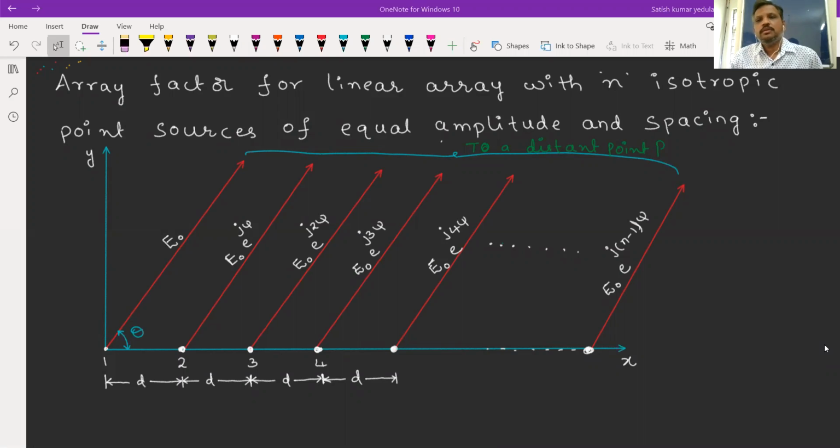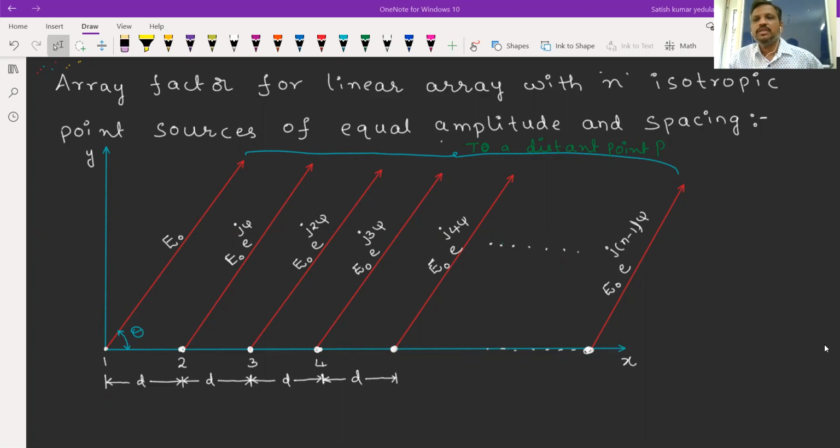I told you already in the last lecture that once we complete the radiation pattern analysis of two-element array, we need to extend it directly for n-element array, because when you get an array factor for n-element array, we can substitute n equal to 3 to get the radiation pattern of three-element array, and we substitute n equal to 4 to get the radiation pattern of four-element array, and so on. We can extend it for n-element arrays also. That's what we are going to see in this video lecture.